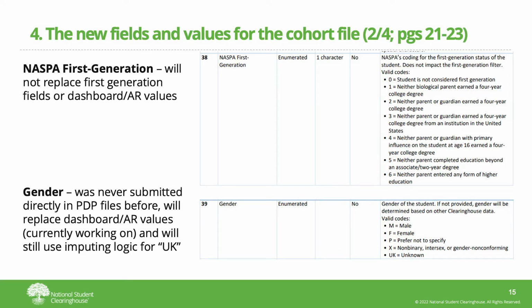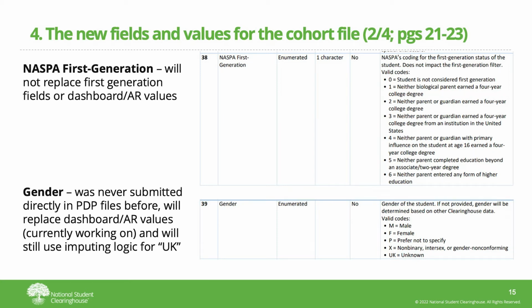We've also added gender as an optional field in the cohort file. One thing just to acknowledge is this actually was not a data point that was submitted directly in your PDP files before. You are probably very familiar that we do have a gender filter on your dashboards, and we also provide it in the AR files. But that was actually being pulled from other data streams at NSC.